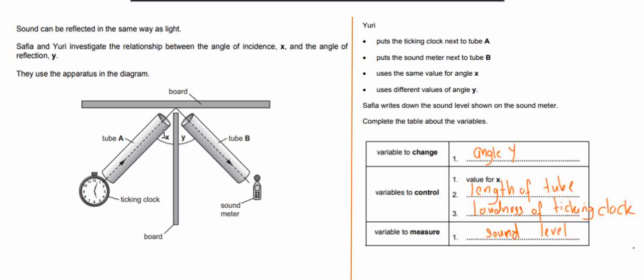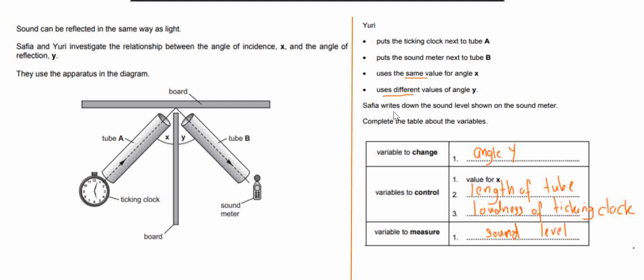And of course, angle x, or value of x. So again, different value of y, angle y, is the independent variable. Control variables are length of tube, loudness of ticking clock, and value of x. And variable to measure, the dependent variable, is the sound level.